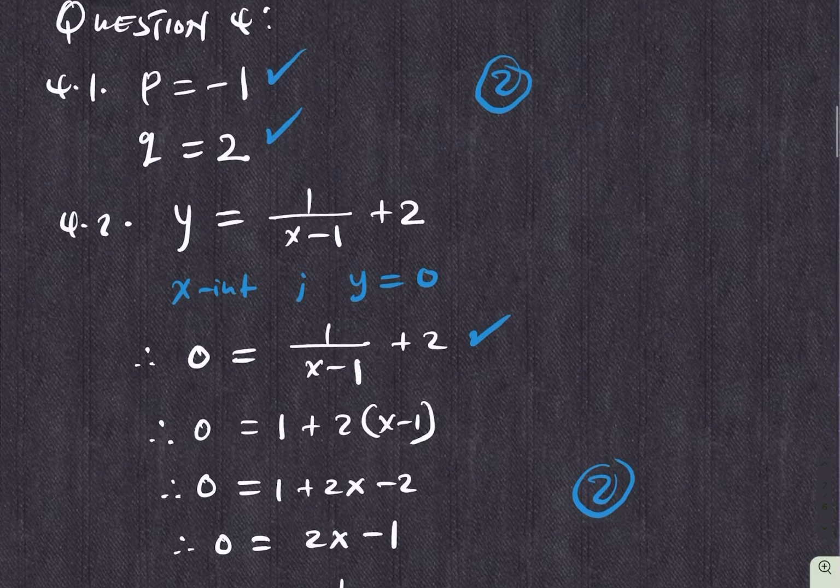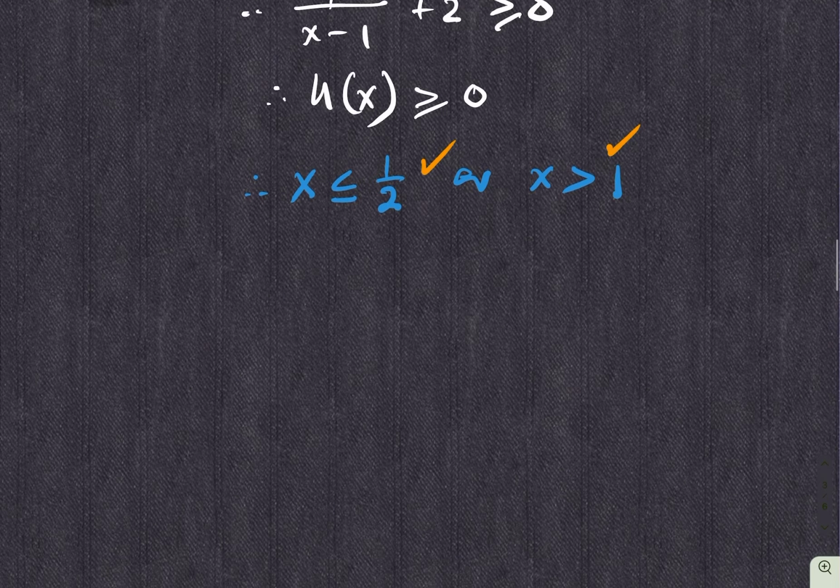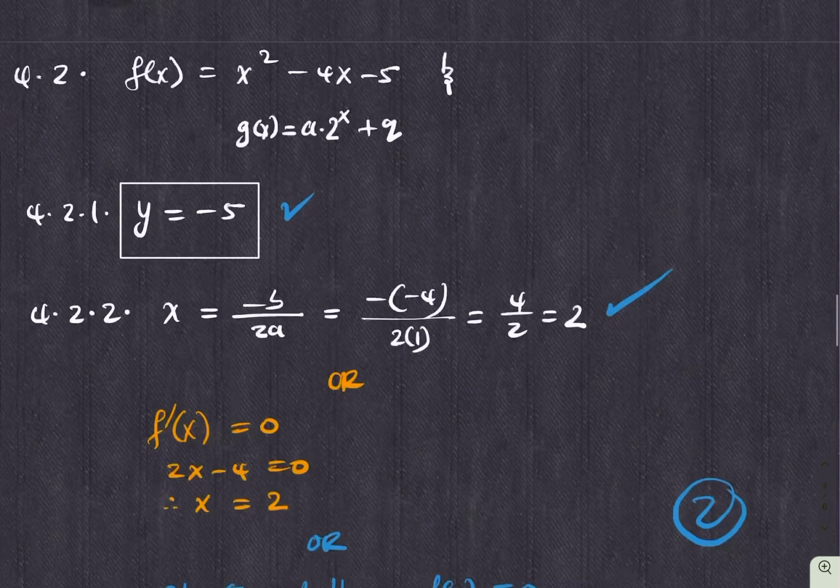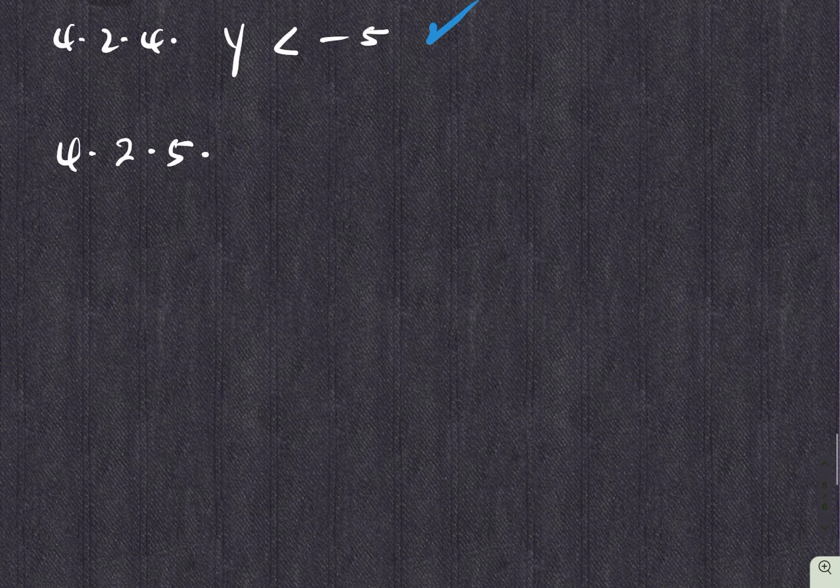So let's really have it here. 4.2.5: for which value of k will f of x minus k be positive? I can say positive is always shown by an inequality of bigger than 0.